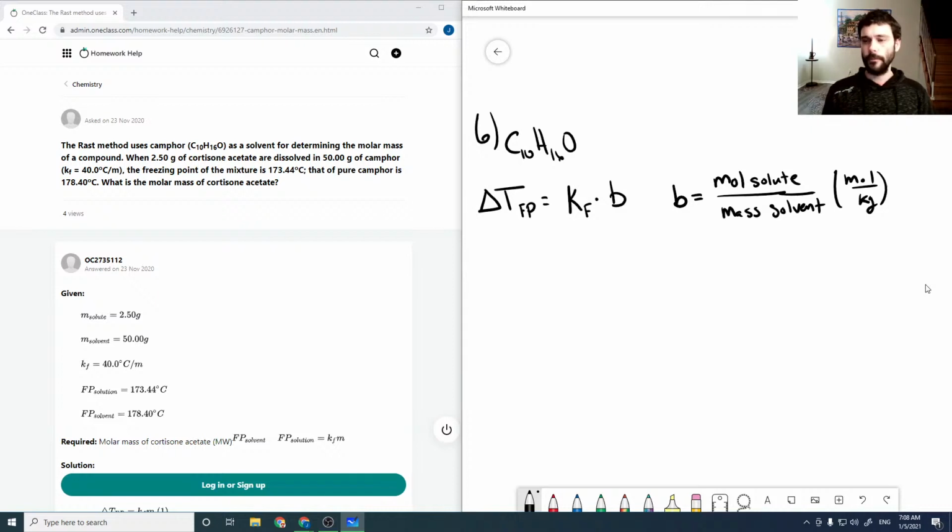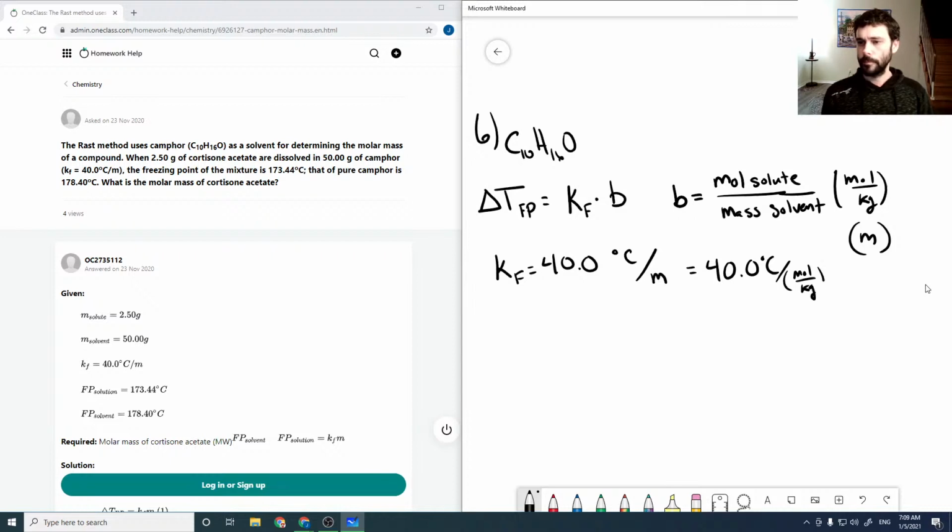So the M in our Kf constant, our Kf is given as 40.0 degrees Celsius per M, or 40.0 degrees Celsius per mole per kilogram. Okay?